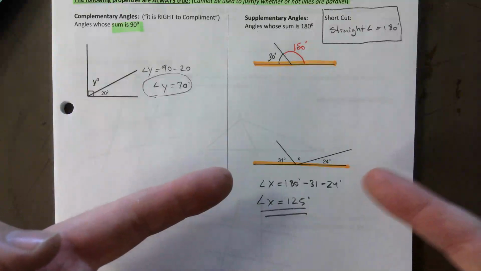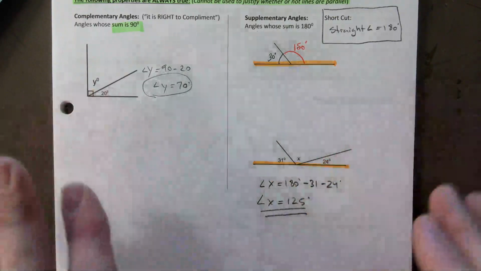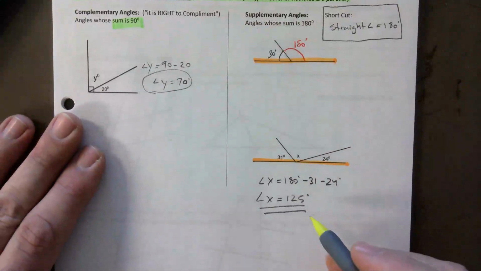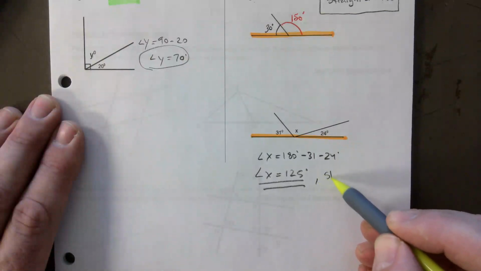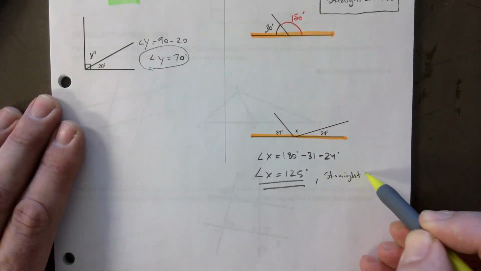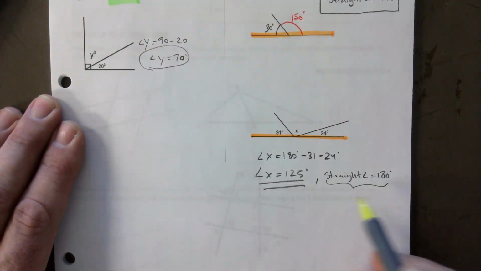But as soon as you notice that, boom, you got the 125, no problem. And all three combined would be considered supplementary. So let's do the justification. If I asked you to justify, you just say straight angles equal to 180.